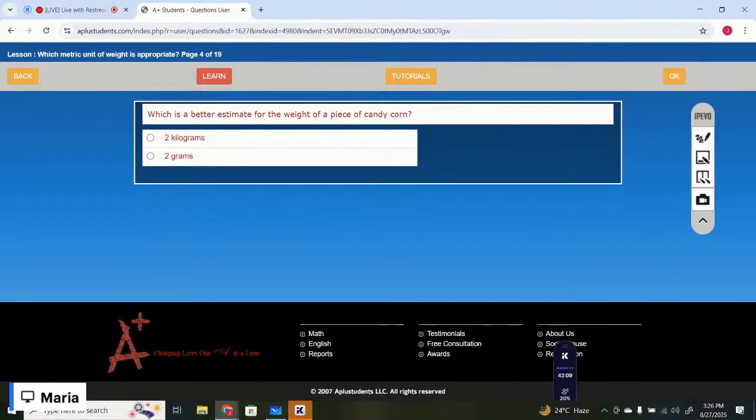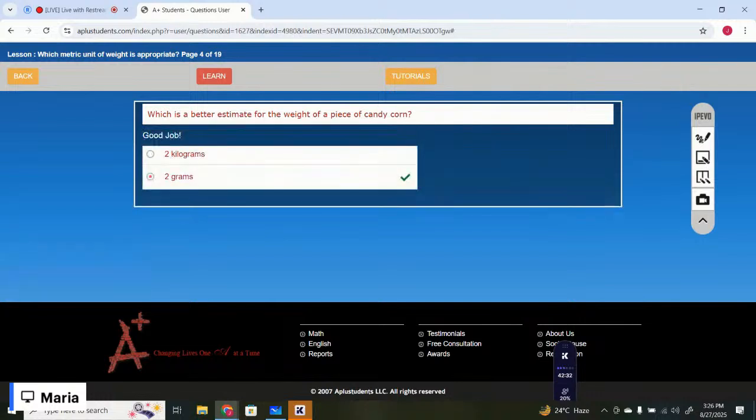Which is the better estimate for the weight of a piece of candy corn? The candy corn would be 2 grams because 2 kilograms is too much for a piece of candy corn.